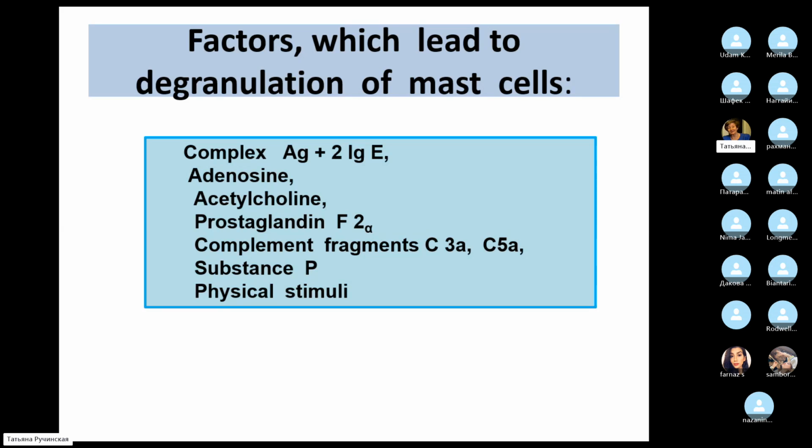All these chemicals are binding, except physical stimuli, each has its own receptor on the surface of the mast cell, and there will be activation of guanylate cyclase, and this will lead to degranulation.